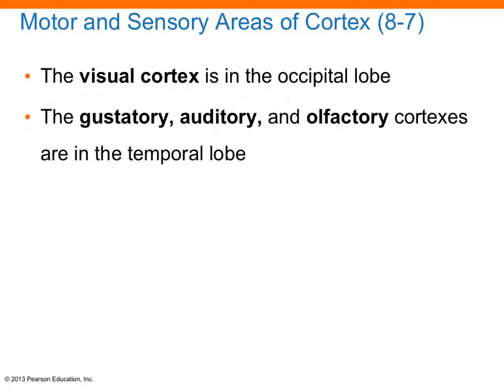The visual cortex is in the occipital lobe, where we have vision and sight. Then the temporal lobe has the gustatory, auditory, and olfactory cortexes. Gustatory is taste, auditory is sound, and olfactory is smell.